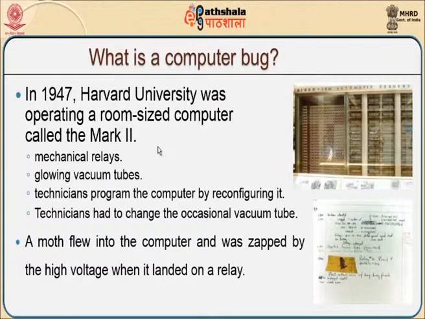Technicians also had to change the occasional vacuum tubes. A moth flew into the computer and was zapped by the high voltage, and it landed on a relay, and there was a bug which was identified. So, this is one of the bugs from when we initially started working with computers.